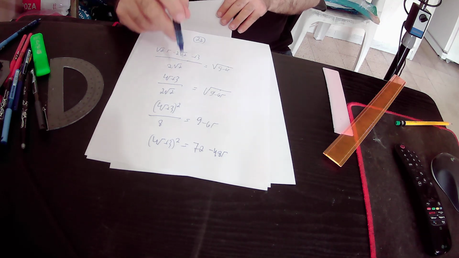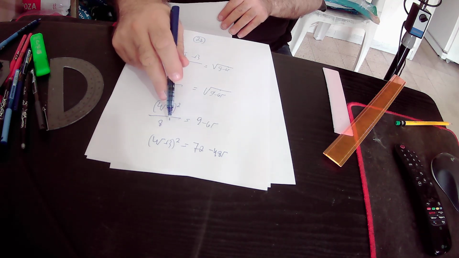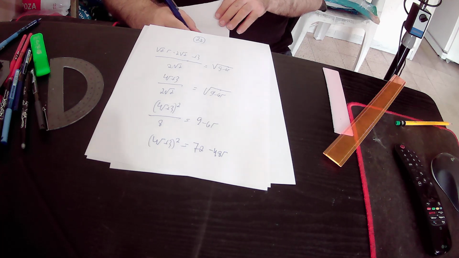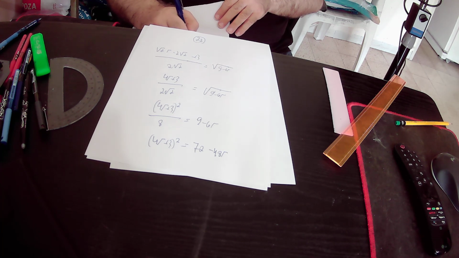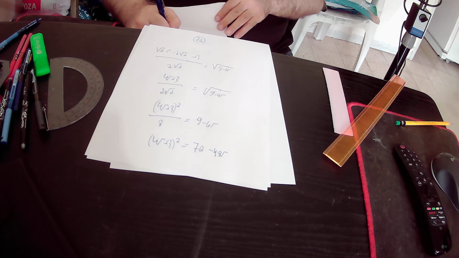Here we will open the brackets on this side of the equality, and we will get 16r squared plus 9 plus 4r times 3 is 12r, 12r times 2 is 24r, equals 72 minus 48r.